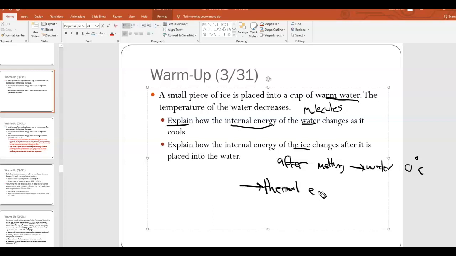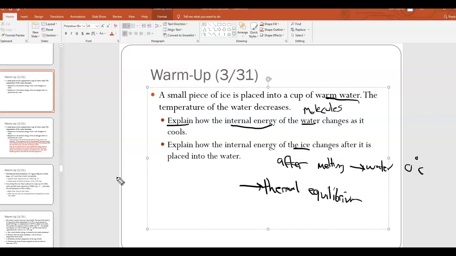Okay, and so I would say, for the first part, as the ice melts and undergoes a phase change, the internal potential energy of the water molecules increases. After the ice melts, the melted ice reaches thermal equilibrium with the warm water, and so the average kinetic energy of the melted ice molecules is also going to increase.